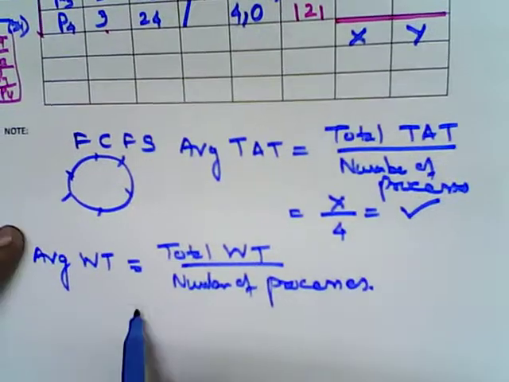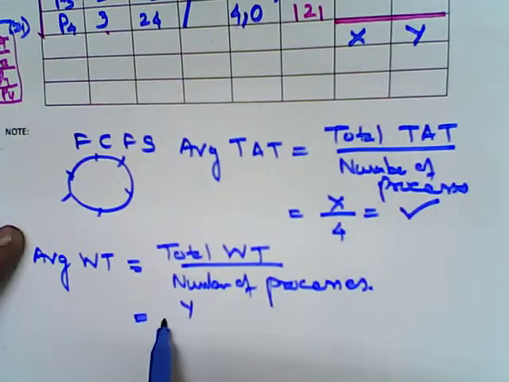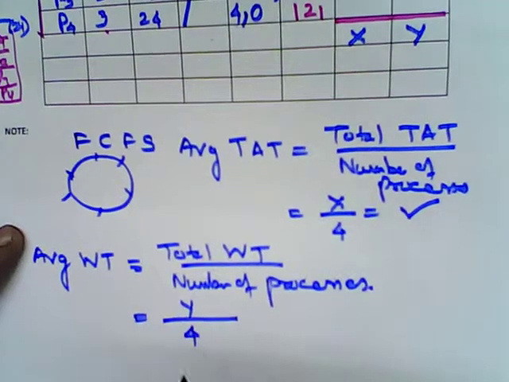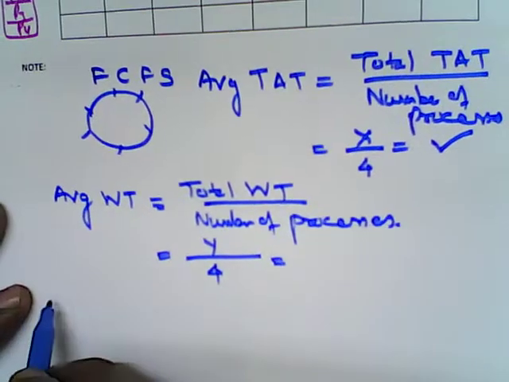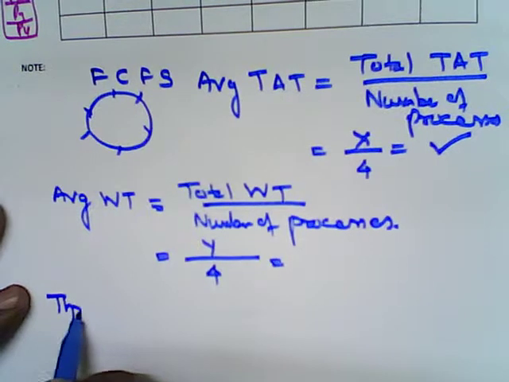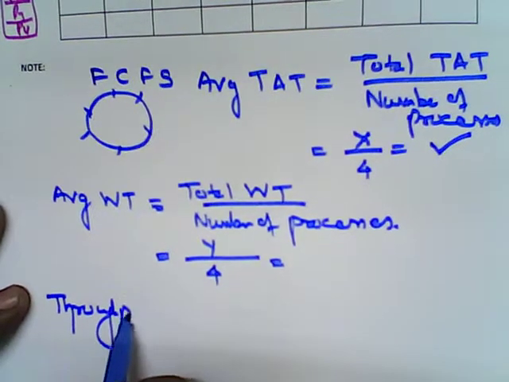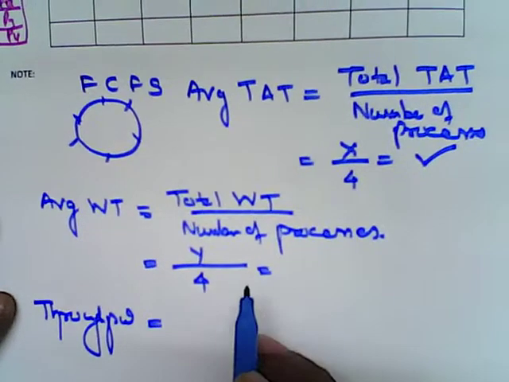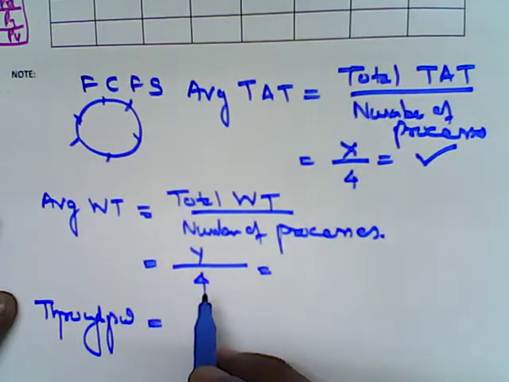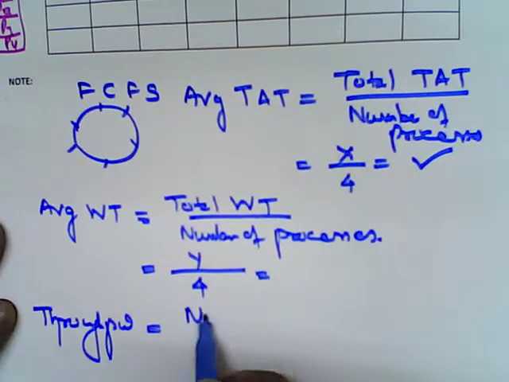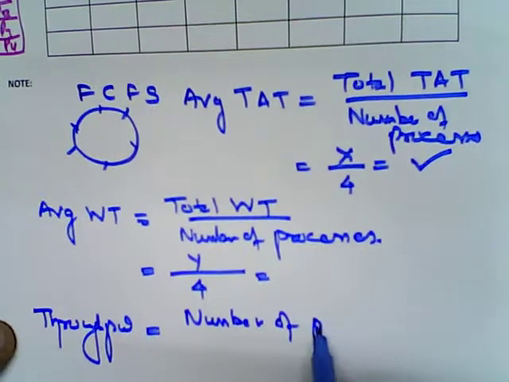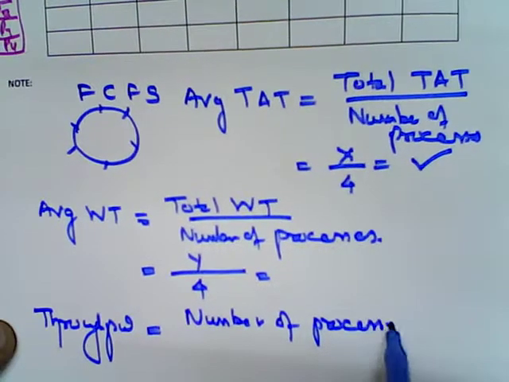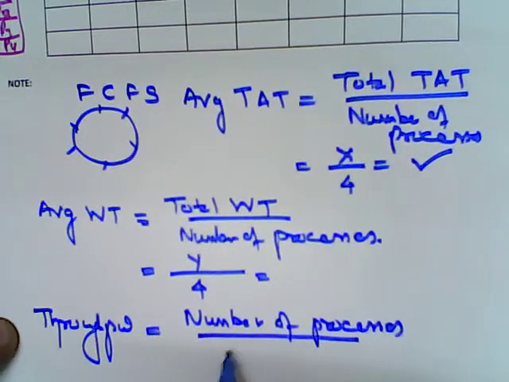And one more thing I would like you to calculate: throughput. Throughput is nothing but the number of processes divided by the last completion time.